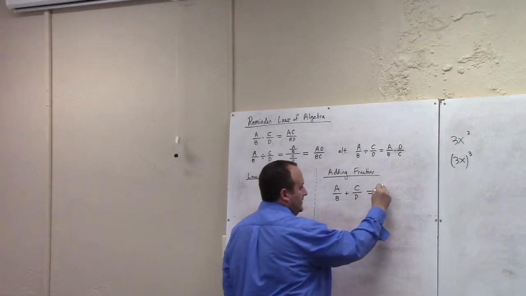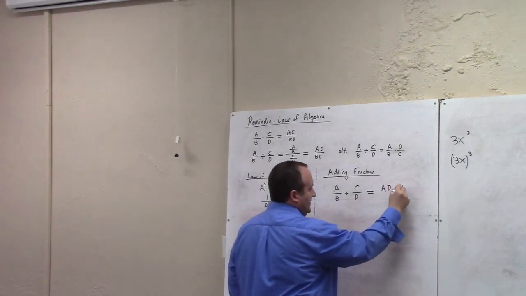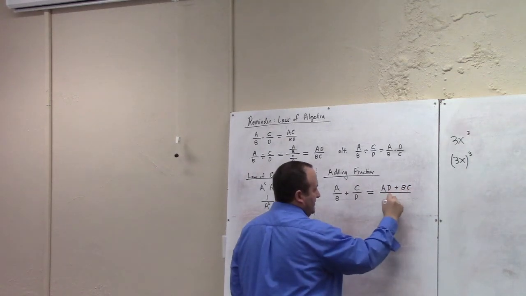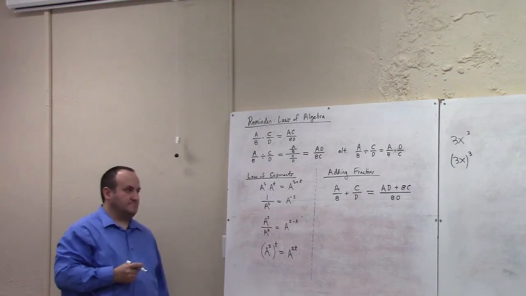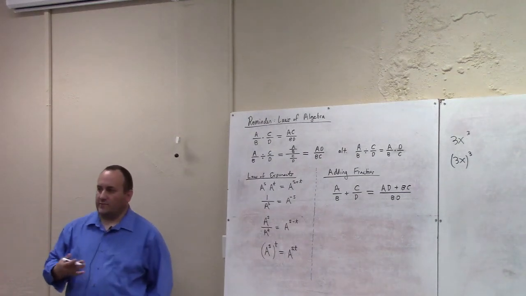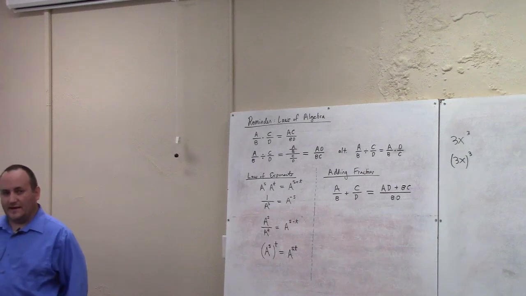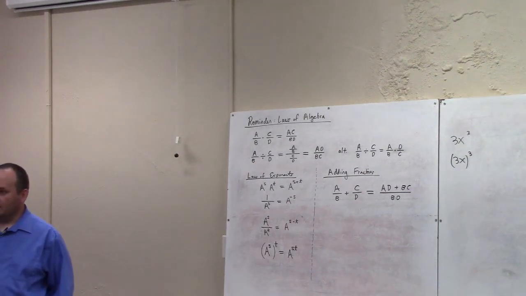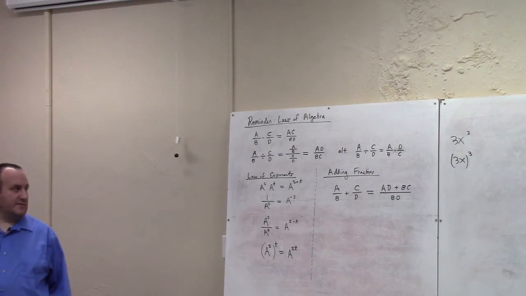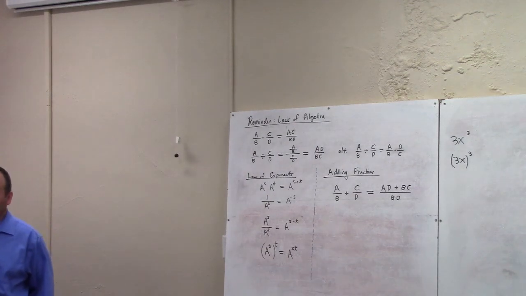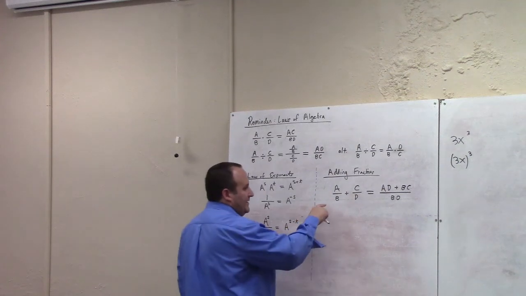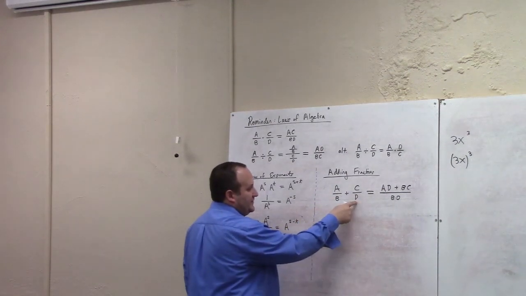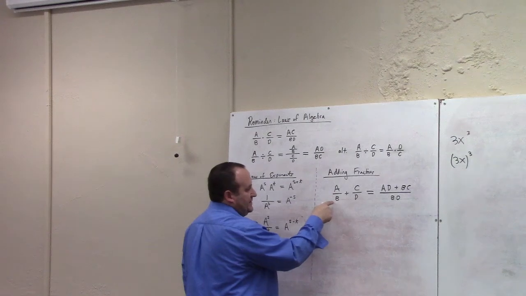This is AD plus BC over B times D. In other words, what I'm saying there is you can make a common denominator by multiplying. Now we'll dig further into adding fractions as we get into examples, but that's my lazy go-to way of doing it. I just multiply the first fraction by the denominator of the second, and I multiply the second fraction by the denominator of the first, right?